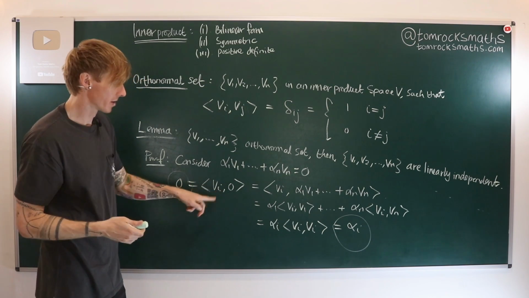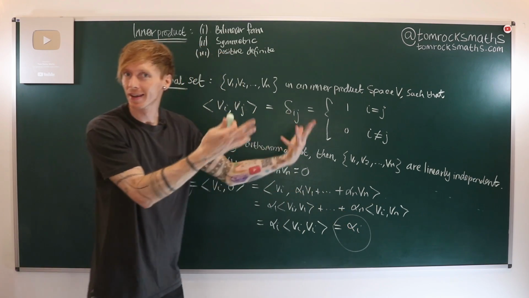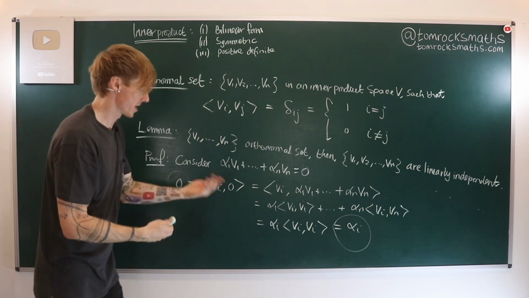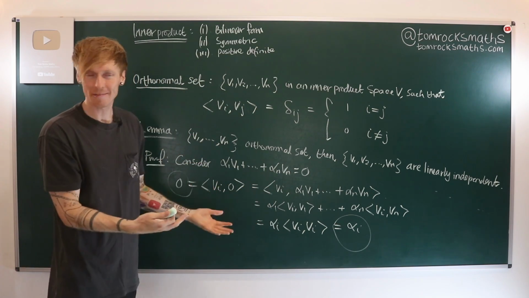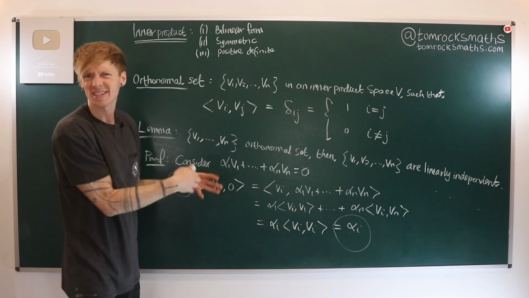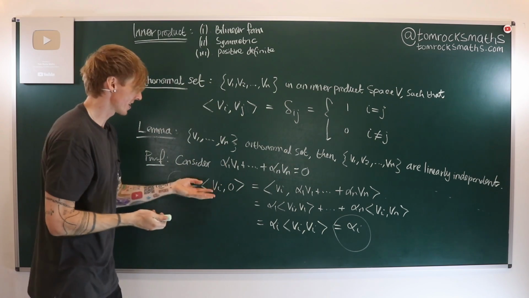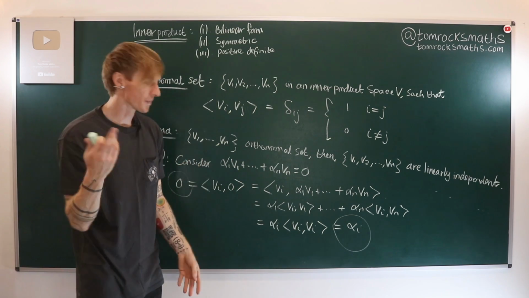So I could have been 1, and then I would get alpha 1, v1, v1, which is just alpha 1. And then I would have got alpha 1 is 0. And then I'd use I equals 2, I equals 3. And you can count through each step. There are n steps, and you'll show that all of them are 0. Or you can keep it nice and general as I have here and realize that I represents an arbitrary vector and therefore an arbitrary coefficient, and we're going to see that all of them are 0.